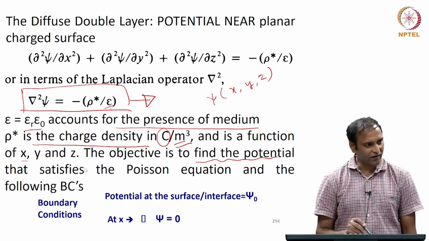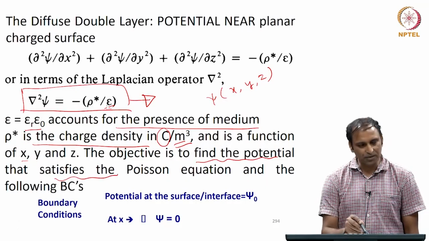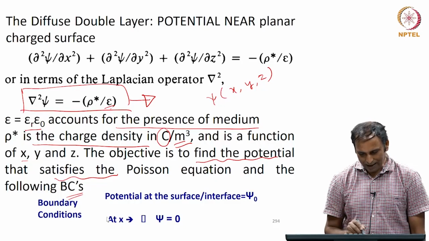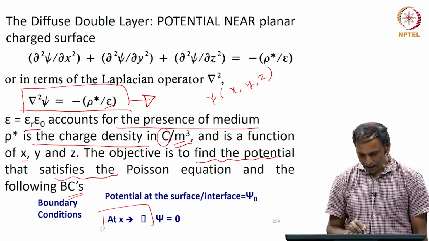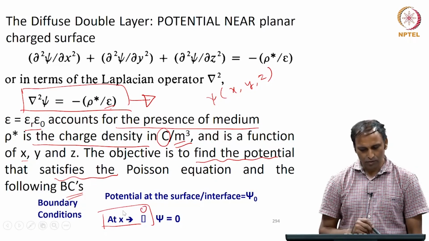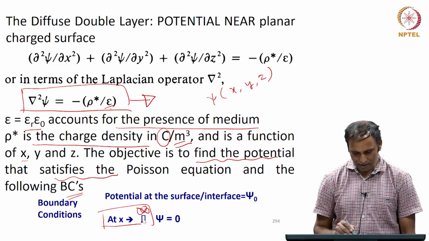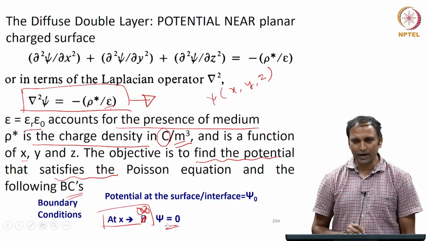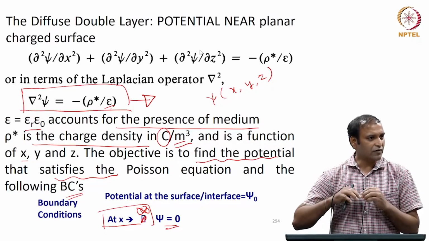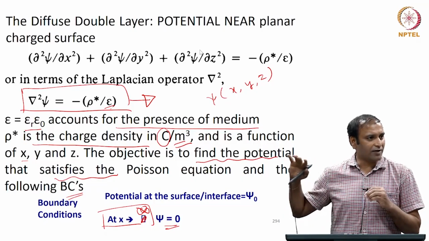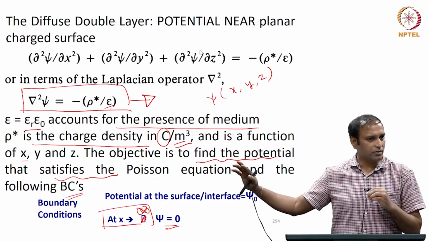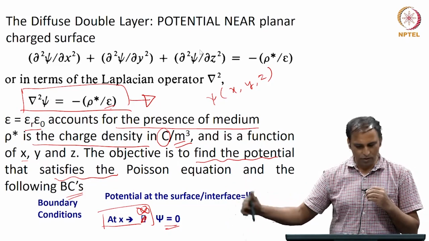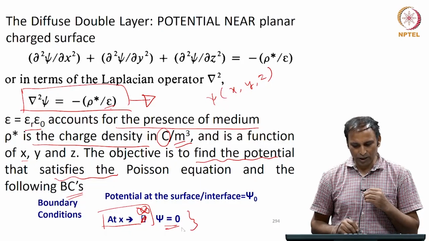The objective is to find a potential that satisfies the Poisson equation with the boundary conditions. At x equal to infinity, psi is going to be 0. If I have a charged surface and look at a distance very far away from the surface, the potential is going to be 0. That is one boundary condition.